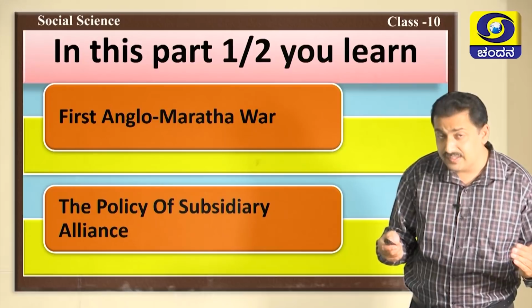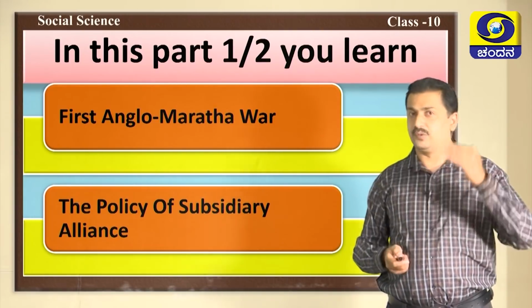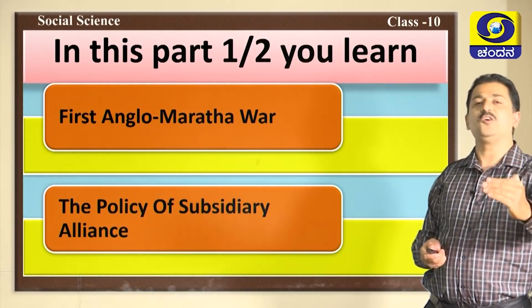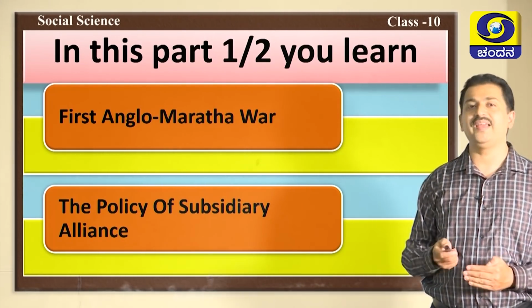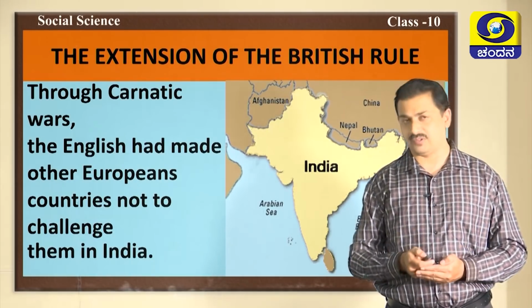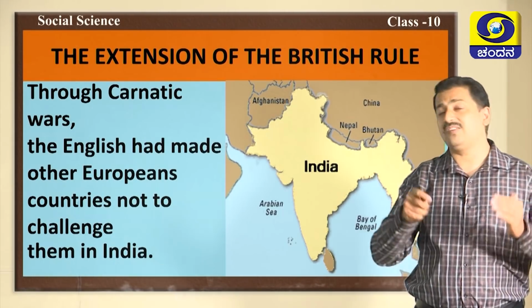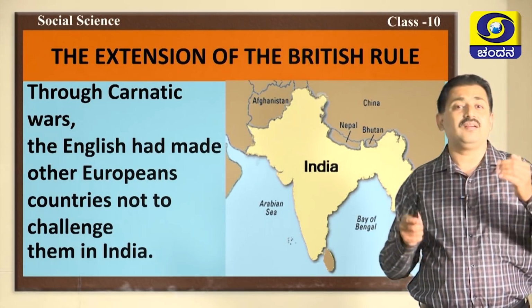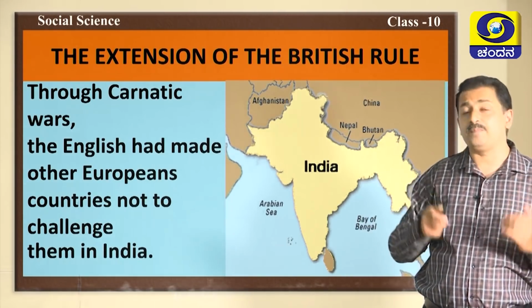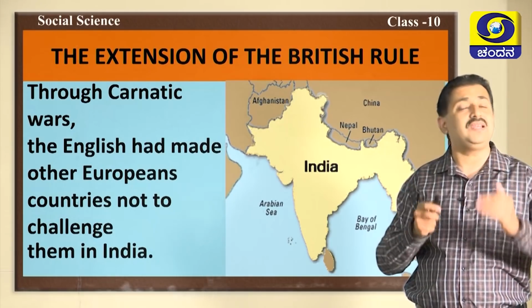In this part of the lesson, you learn about the First Anglo-Maratha War and also the policy of Subsidiary Alliance. Let us know about this. Through Carnatic Wars, the English made other European traders not to contest with them, not to challenge them in India.